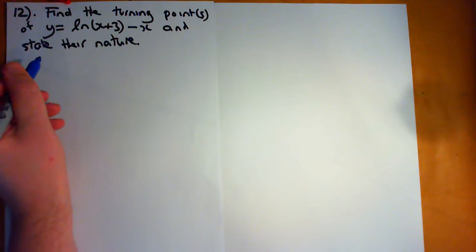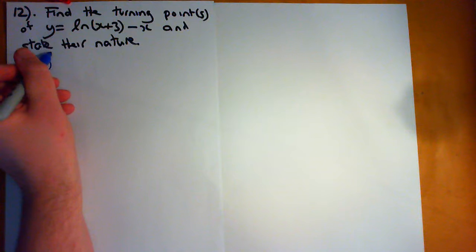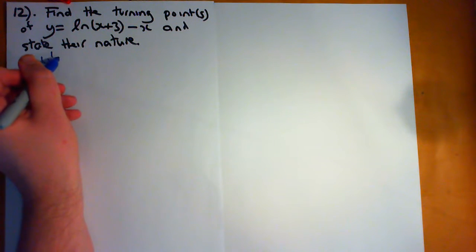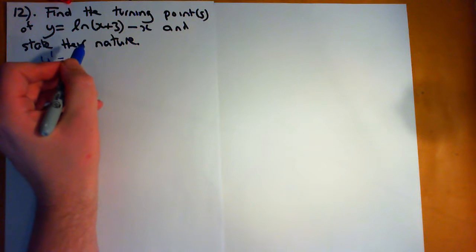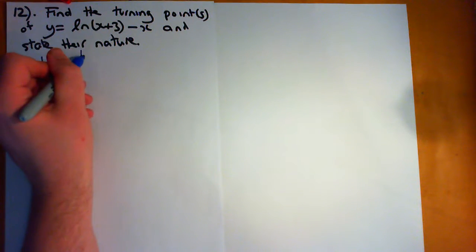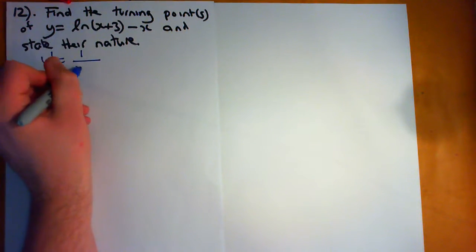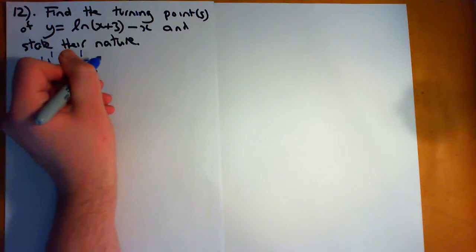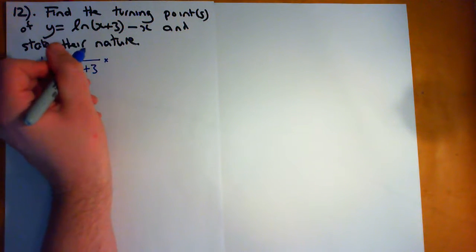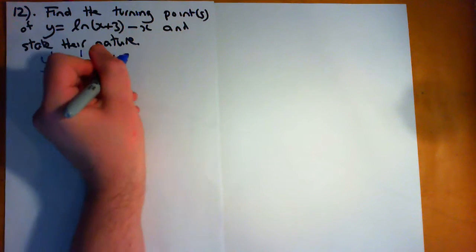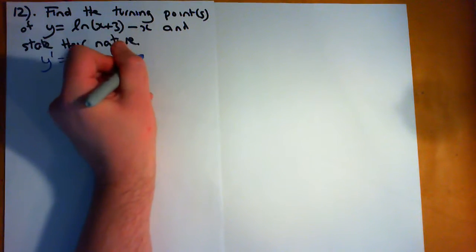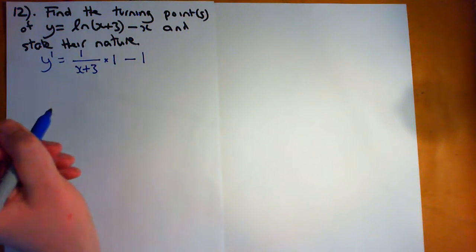So if we differentiate this function, we get y dash equals: differentiate ln of (x plus 3), which gives 1 over (x plus 3) times the derivative of the bracket, which is 1, minus x, which differentiates to 1.